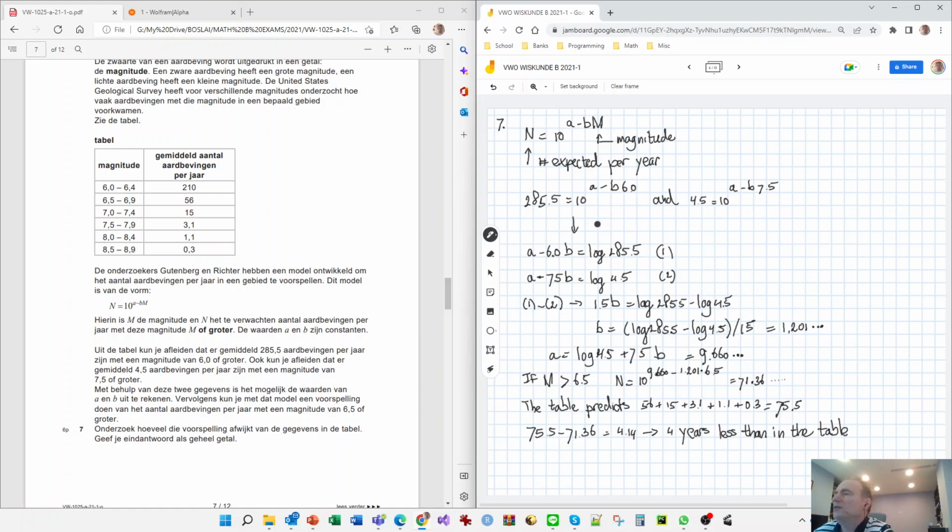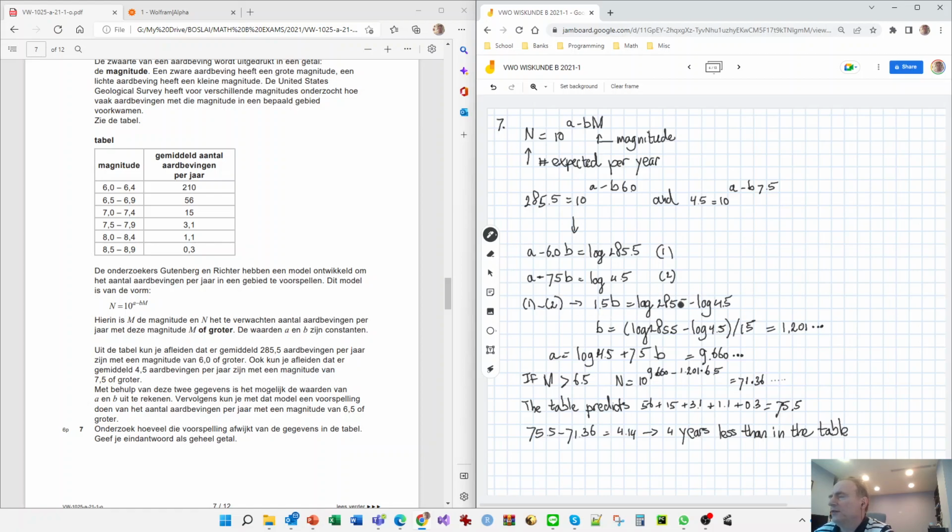With these, you just take the logarithm on both sides to isolate the exponent here. So you get these two equations. And the most obvious thing to do is subtract them to eliminate A and to find B.